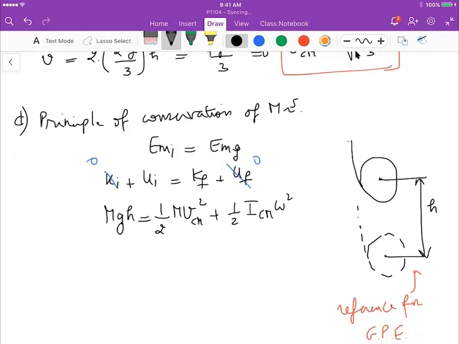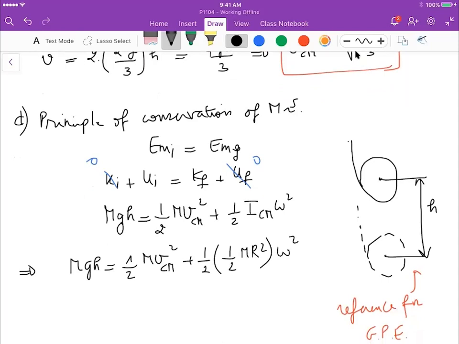So we can write it this way: m times g times h is equal to 1 over 2 times m v center of mass squared, where v center of mass is our unknown, plus half the moment of inertia of a disk with respect to the axis through its center of mass, as we have used earlier, here half times m times r squared, where m is the mass of the disk and r is its radius, multiplied by omega squared.